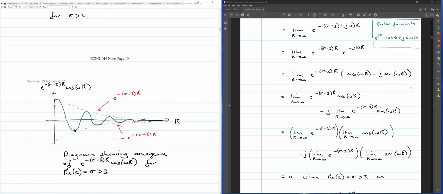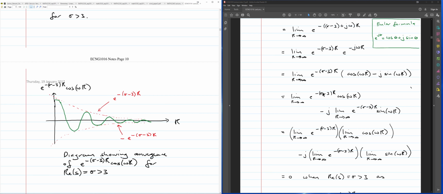Notice with this damped sinusoid, as r tends to infinity, your sinusoid is going to damp down to 0. So what I'm saying is that the limit of this exponential times cosine is in fact going to be 0 when sigma is bigger than 3.